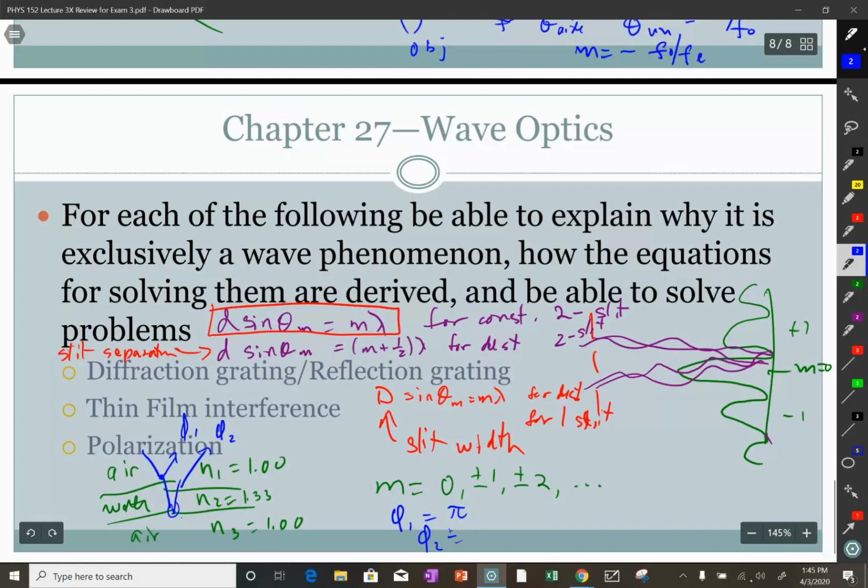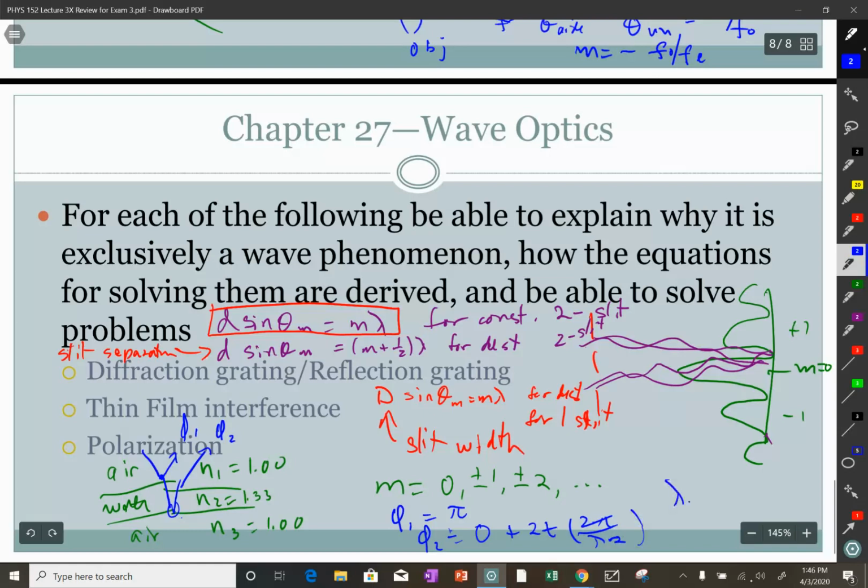For the second one here, when it reflects, it's reflecting off of air. Air has a smaller index of refraction. It doesn't have that phase inversion. But you have the additional path length, so you have plus 2 thickness times 2 pi radians divided by the wavelength in the water.